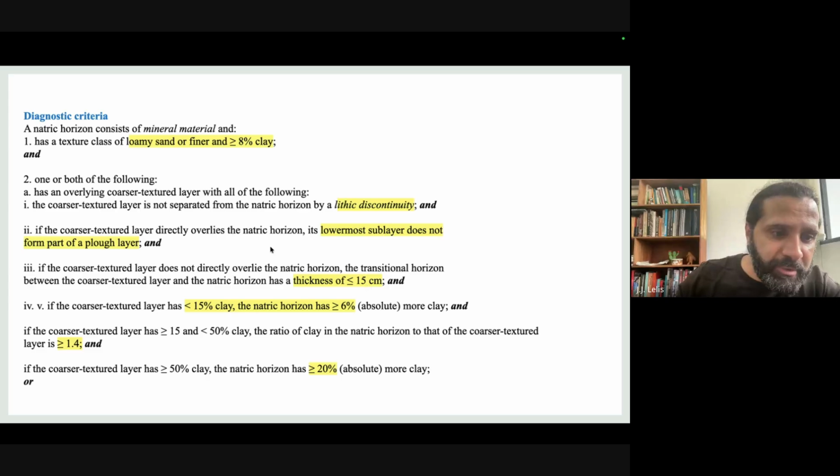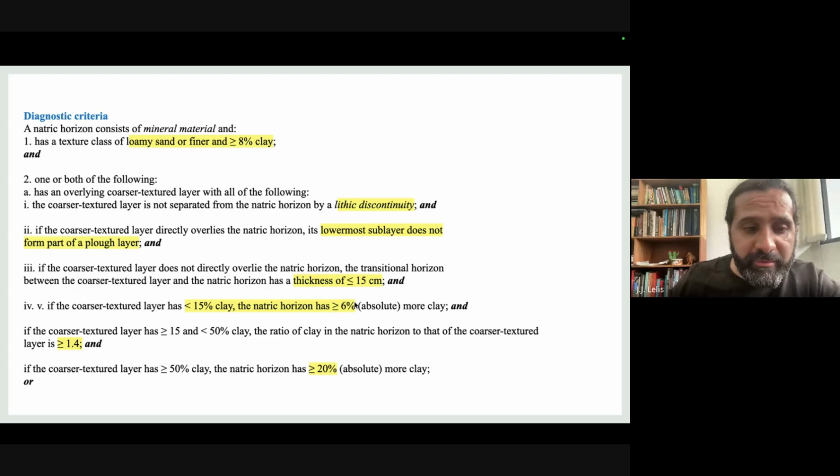Okay. Number four, if the coarser texture layer has less than 15% of clay, the nitric horizon should have 6% or more clay than this coarser overlying horizon.